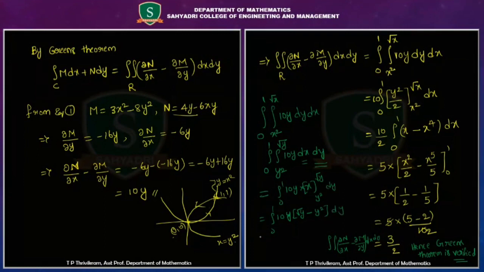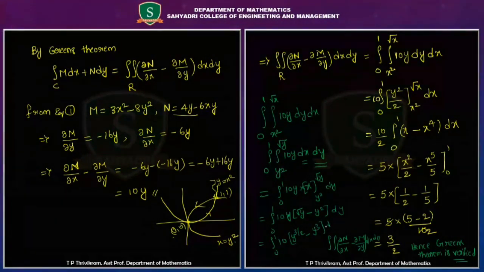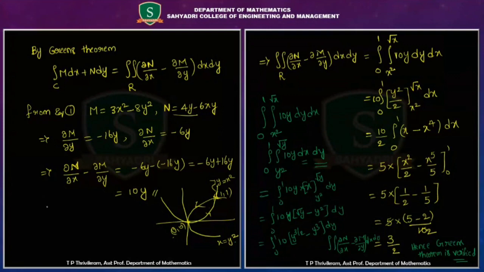Okay, so if you simplify this, how much will we get? Integral 0 to 1, 10 into y power 3 by 2, if you multiply with y, minus y cube, dy. So I am continuing here.